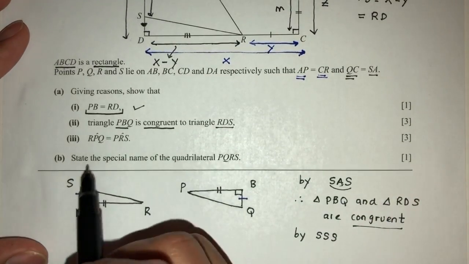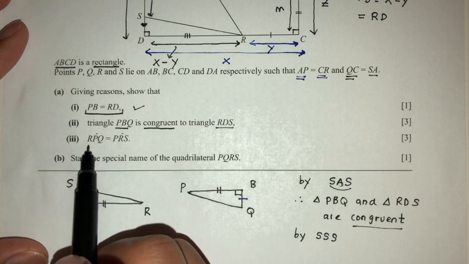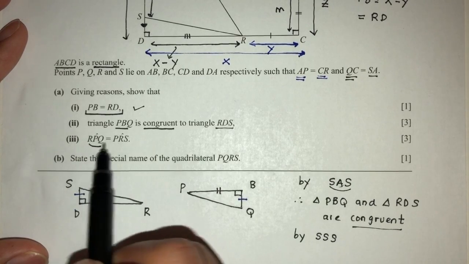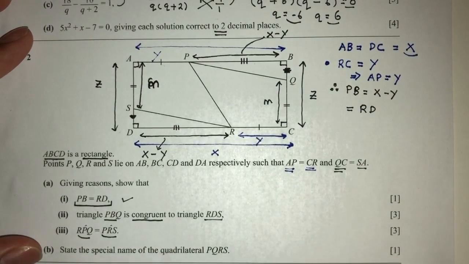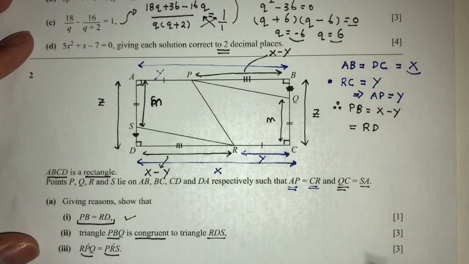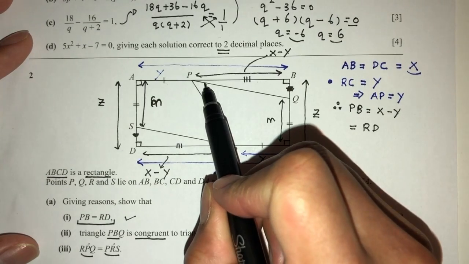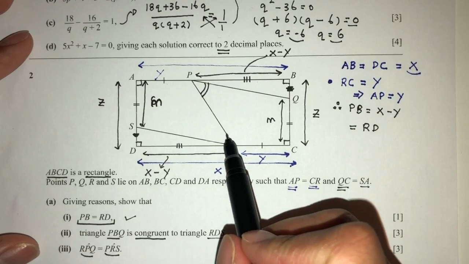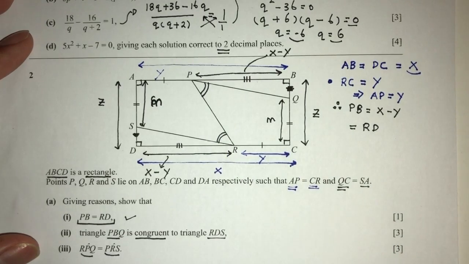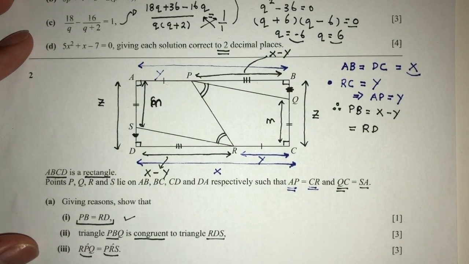Now for part 3, we have to prove the angle RPQ is equal to PRS. So let's see, where are those two angles? We have RPQ, so R is here, so we have to show this angle is the same as PRS, same as this one. Okay, so how can we show this?